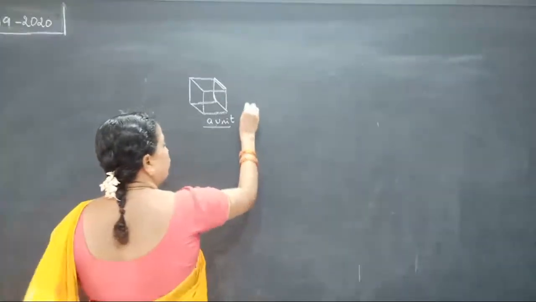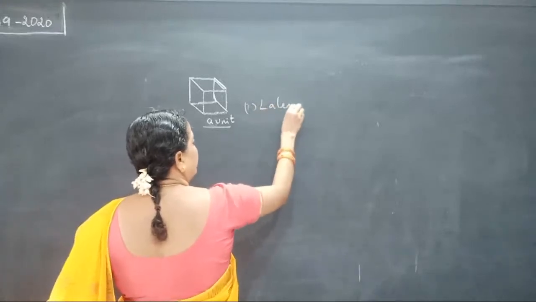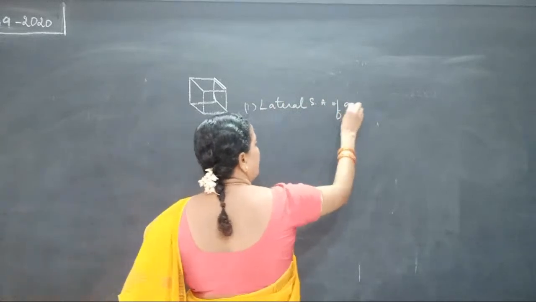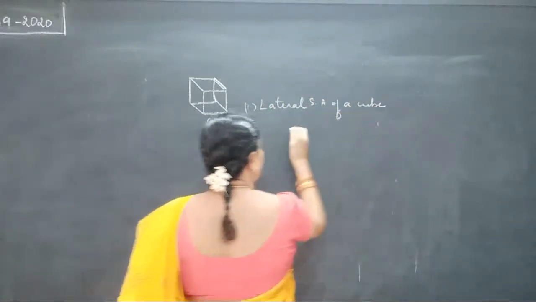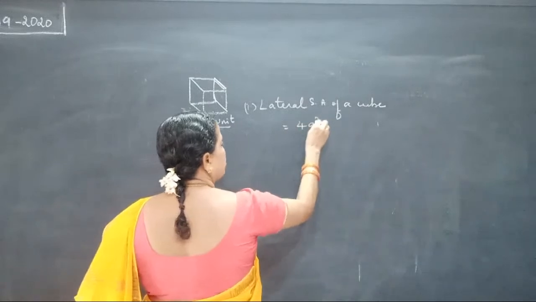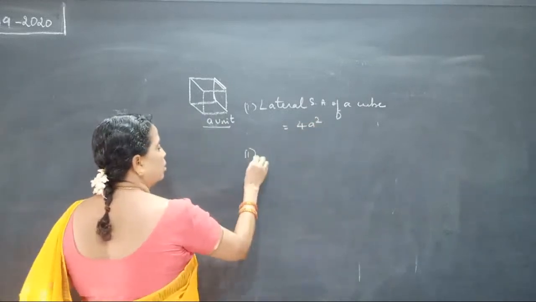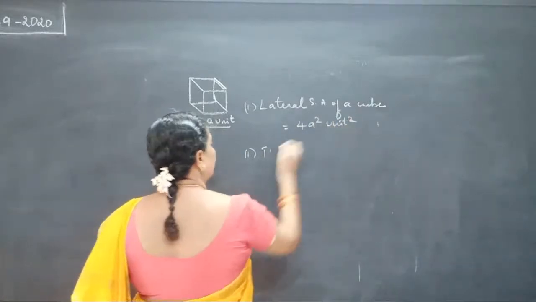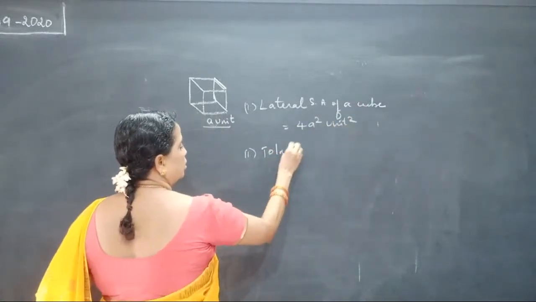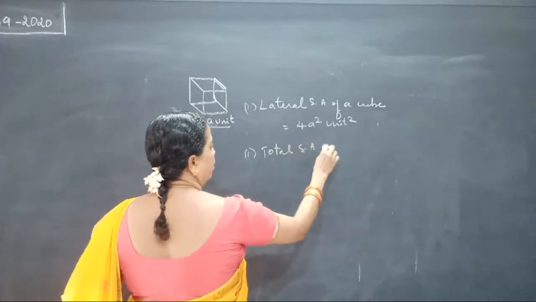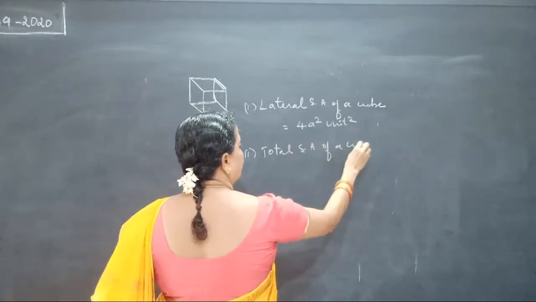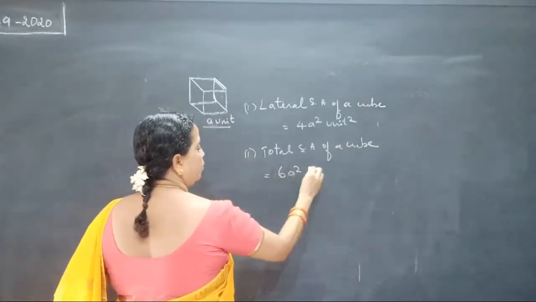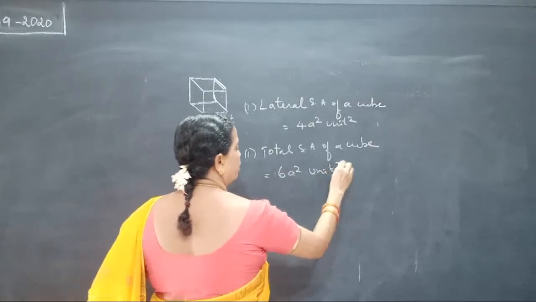First of all, we calculate the lateral surface area of a cube, which equals 4a square unit square. Total surface area of a cube is 6a square unit square.